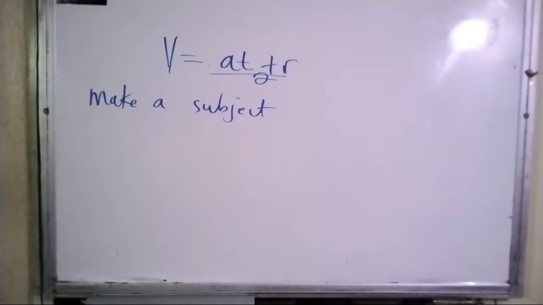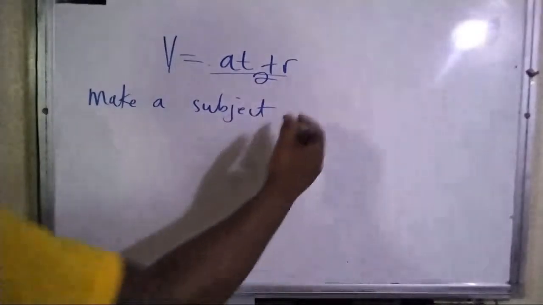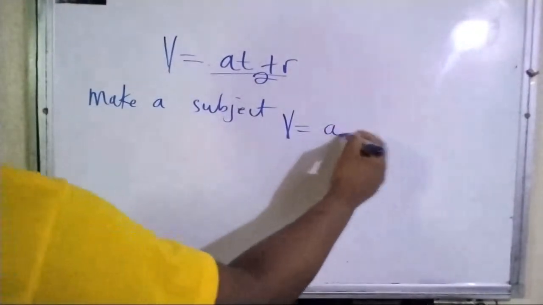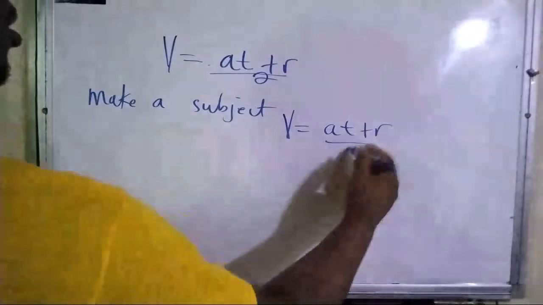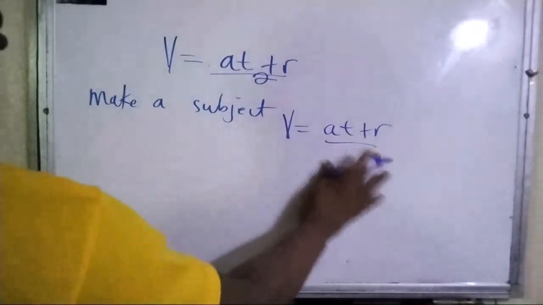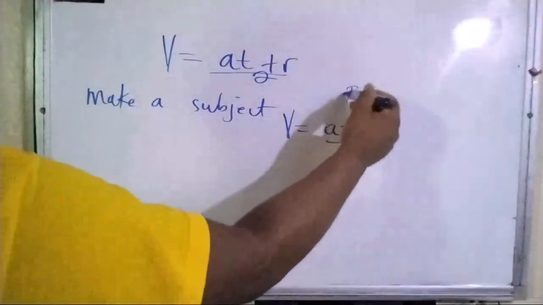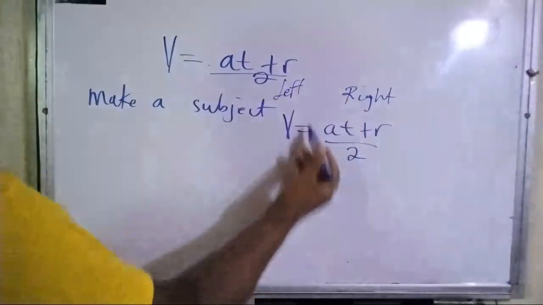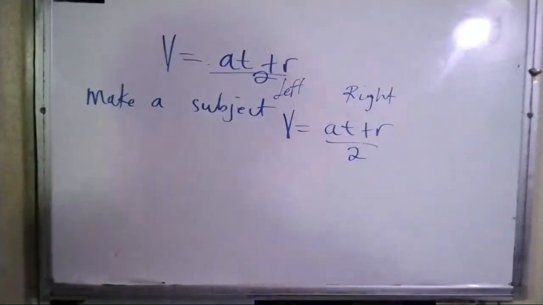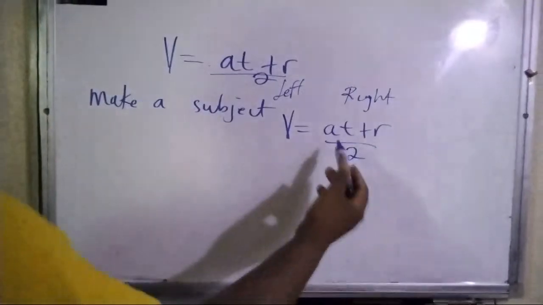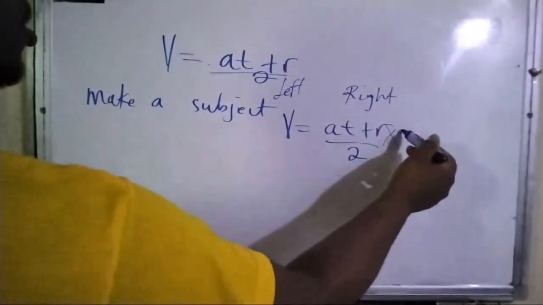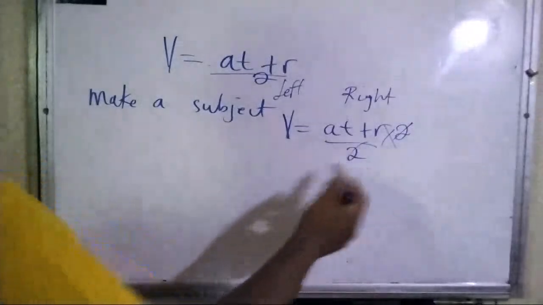Alright. So it says make a the subject of the formula. So what we do, guys, remember, 1 minute gone. First we write v equals at plus r, over 2. When we're finding the subject of the formula, that means we're going to keep a on one side. So we keep it on the right hand side and get rid of everything else and put it on the left, across the equal sign. So at plus r, divided by 2. The last thing you do is the first thing you attack. So we divide by 2 last, so we get rid of the 2 by multiplying by 2, which is the opposite of dividing.